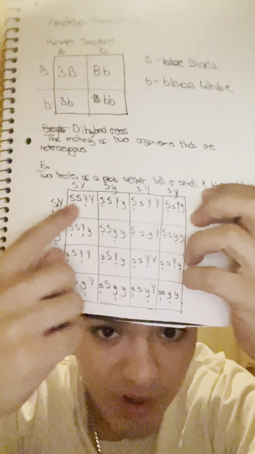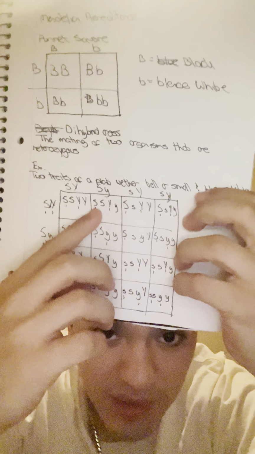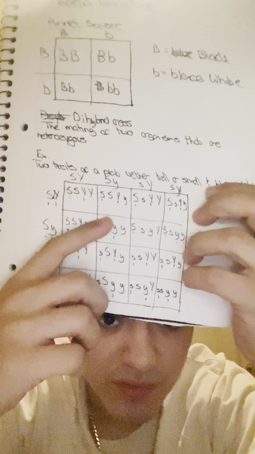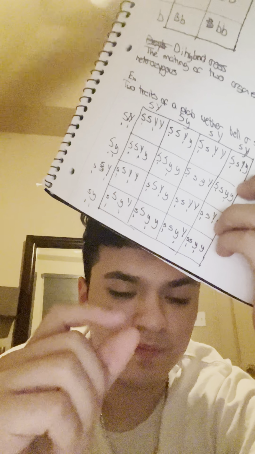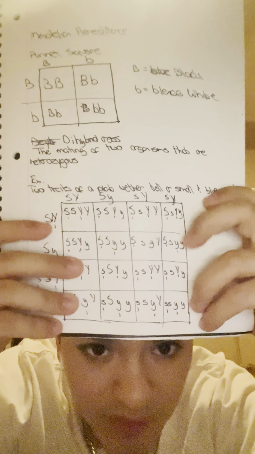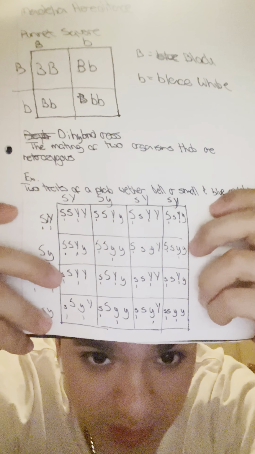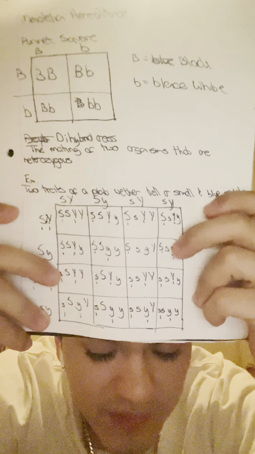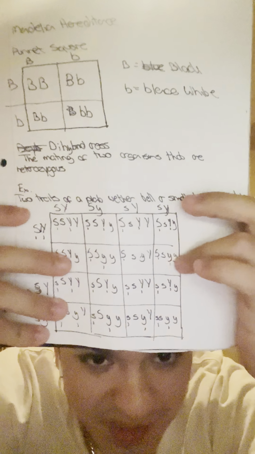So for example, all capitals is for sure gonna be brown eyes and brown hair. One capital is still brown eyes and brown hair, no matter if it's just one capital of eyes and one capital of hair, right? We also have some where, look, for example, right here, we can see that it's lowercases, right?